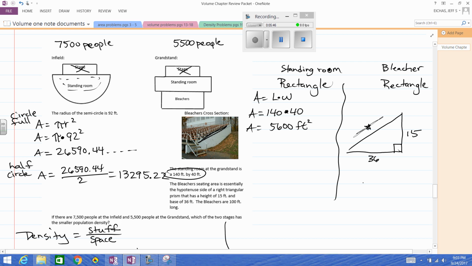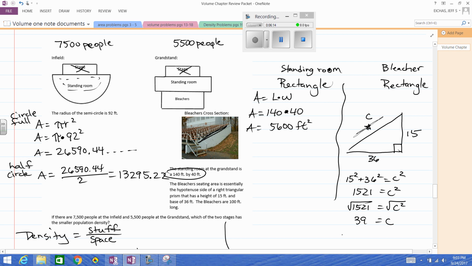So we're going to complete a Pythagorean theorem problem. Let's call this c squared. You combine those, and it turns out to be 1,521. Take the square root of c squared, the square root of 1,521, and you get 39.